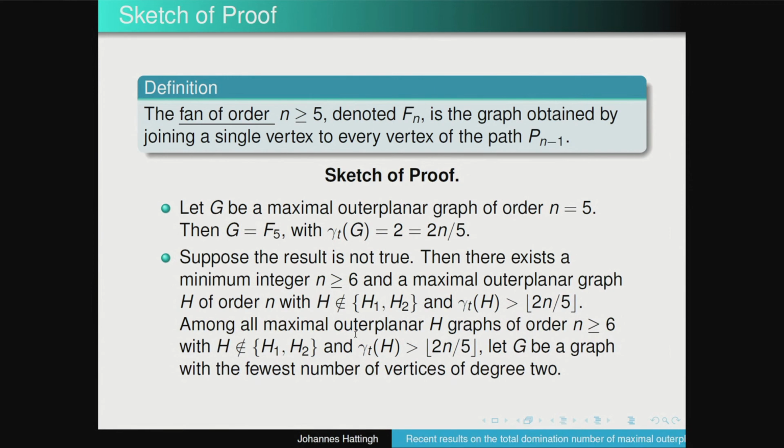So if it's not true, you have a minimum integer n, at least 6, and a maximal outerplanar graph, which is not one of the exceptional graphs, for which the total domination number is more than the floor of 2n divided by 5. And then among all those possible candidates, we choose a graph with the fewest number of vertices of degree 2. So that's how we set up the proof. Okay, so eventually, hopefully, we'll get a contradiction. So this assumption was wrong, and we have our result.